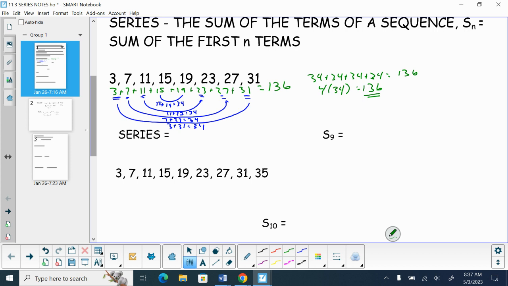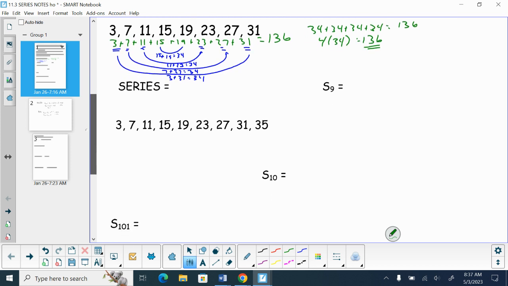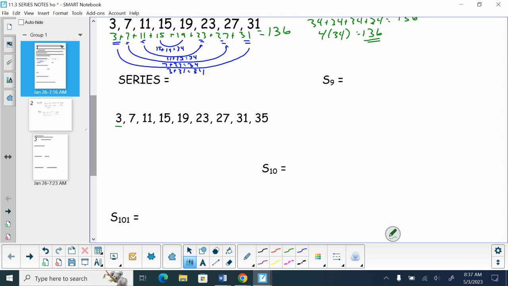And if we follow the same method of madness, and we add the outside, 3 plus 35, we get 38.